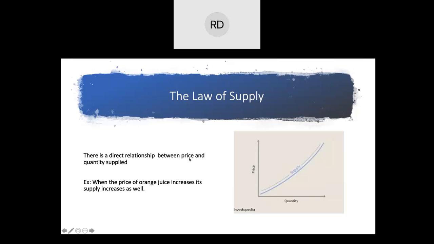So as the law says, the higher the price, the higher the quantity supplied, because when the price is high, more and more people are willing to supply the product, to supply orange juice in this case.